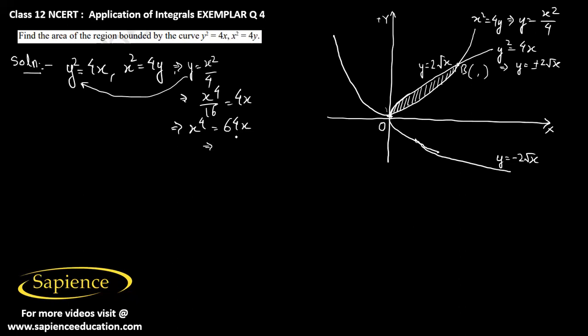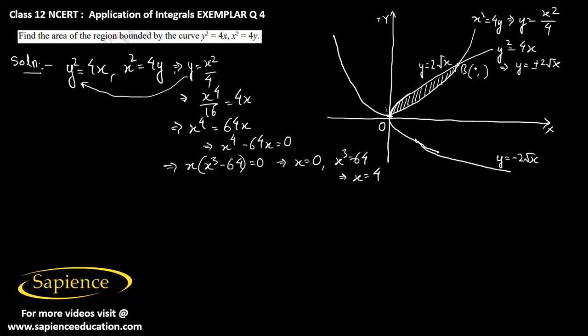Now we can take this to the left hand side: x power 4 minus 64x equals 0. Then if we take x common, that will be x times (x cube minus 64) equals 0. So x will be equal to 0, and x cube will be equal to 64. So x will be equal to 4.